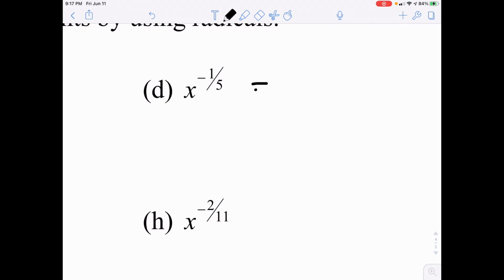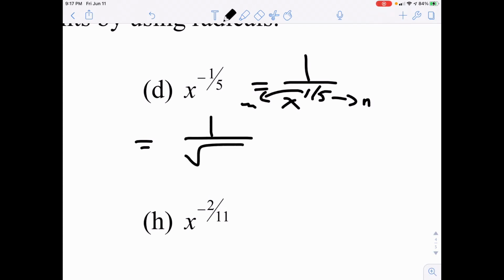D, x to the negative 1/5 power will be rewritten as x to the positive 1/5 power. 5 is the root, 1 is the power. This is 1 over the fifth root of x to the first power, or 1 over the fifth root of x.